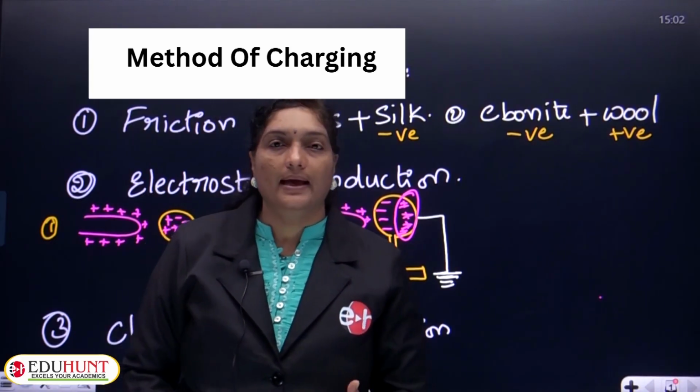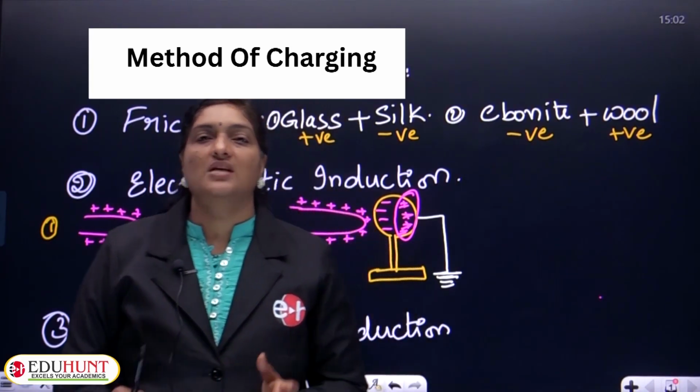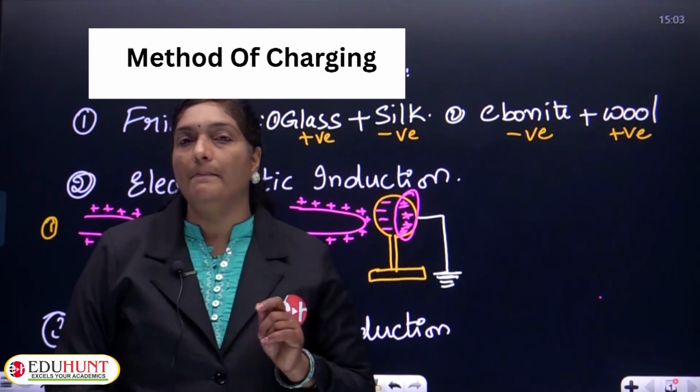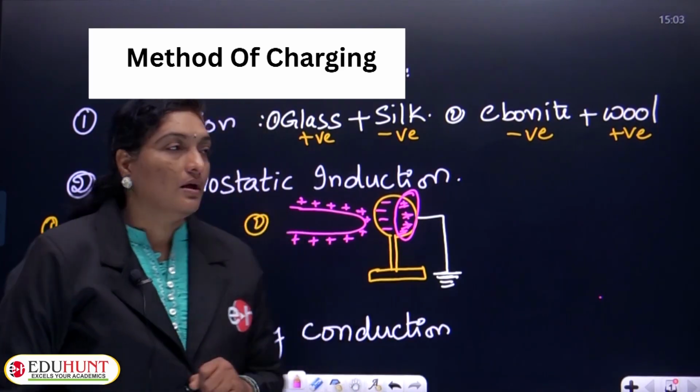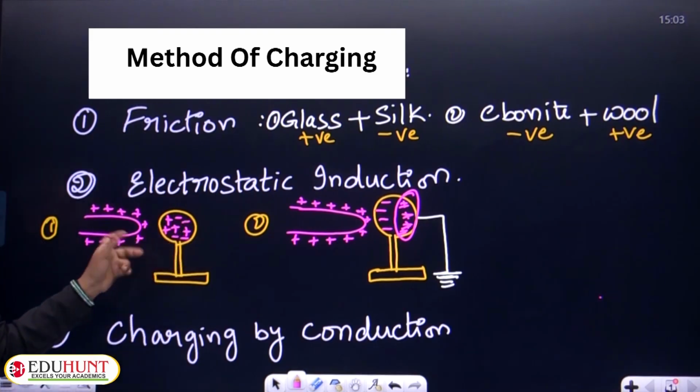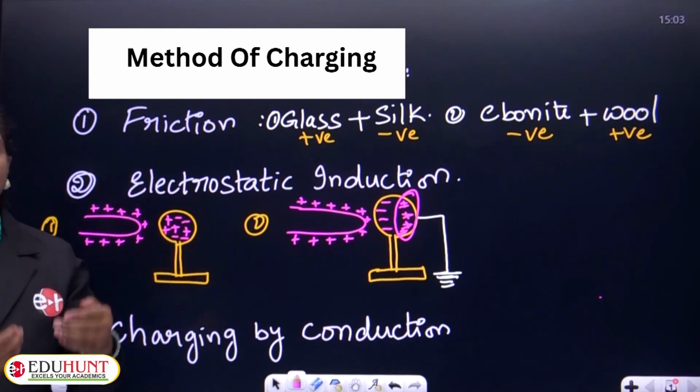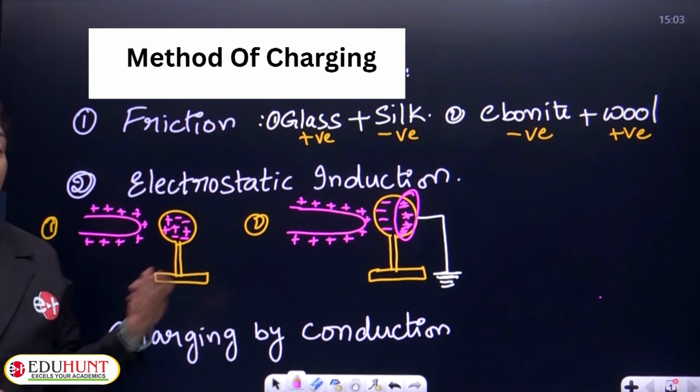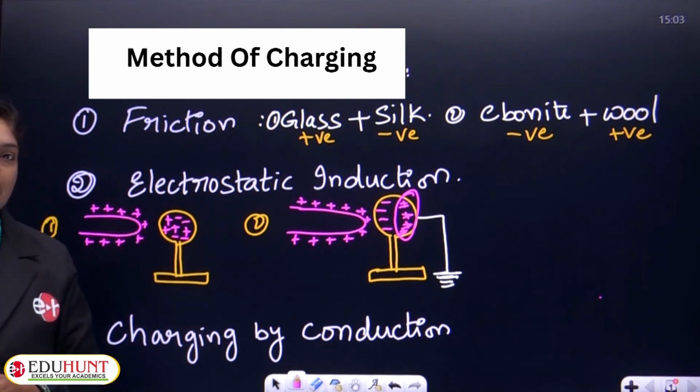Similarly, one more method to charge a body is by the method of conduction. What we observed in the method of induction is that two bodies are kept a little away from each other, so they are not contacting each other.